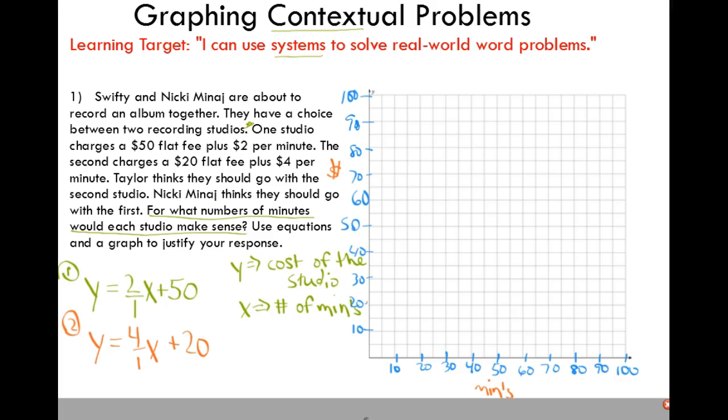So what I want to do is go up like this. So this one goes up quite fast. For every 5 minutes, I go up another $20. So this might be too steep.